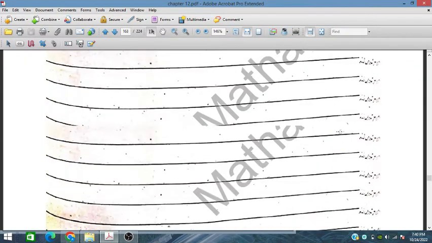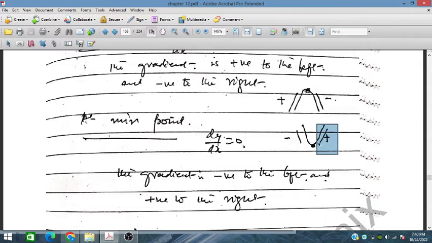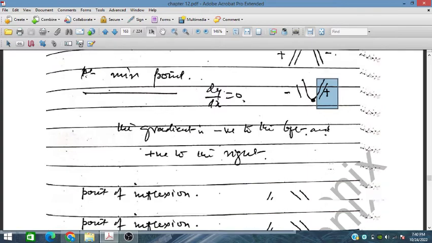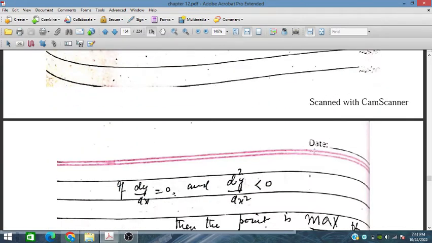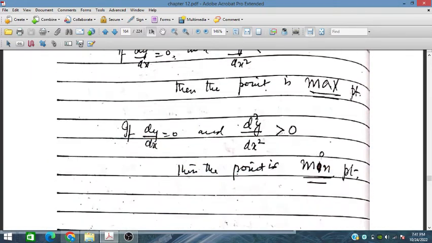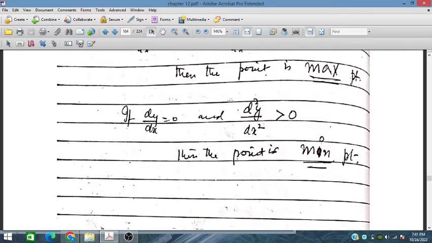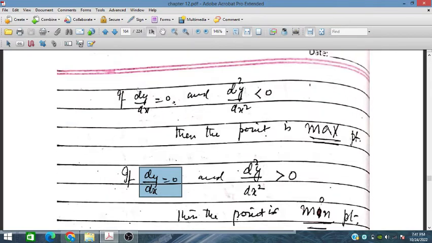Here the slope is decreasing and here the slope is rising, so this gives a minimum point. So dy by dx being 0 means a stationary point has been reached, and then the slope rising means this stationary point is a minimum point. If at this stationary point the slope then becomes negative, it means this stationary point is a maximum point.